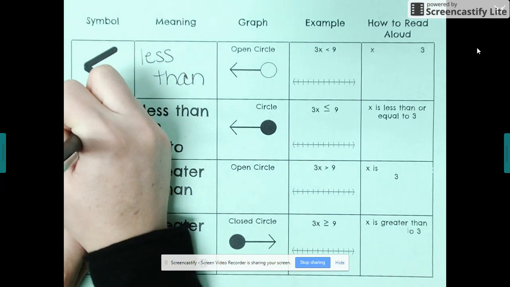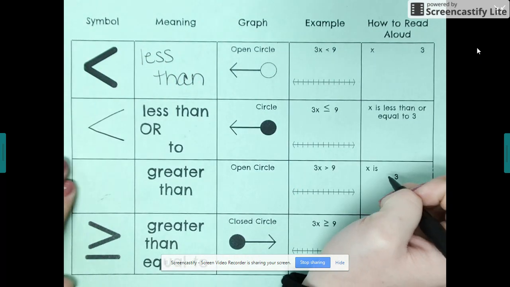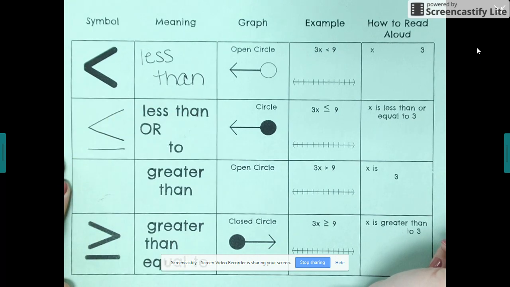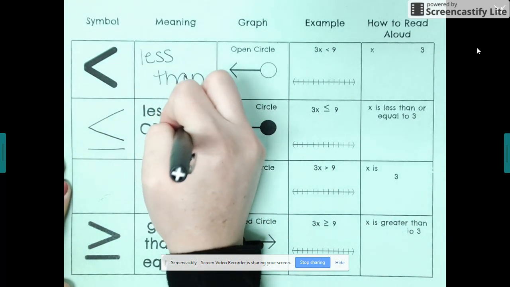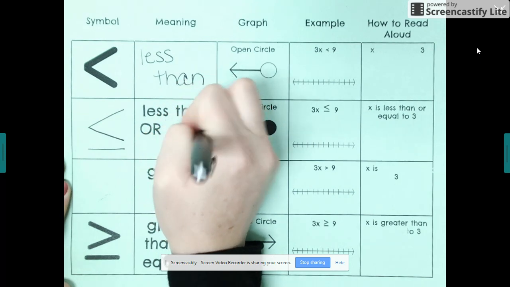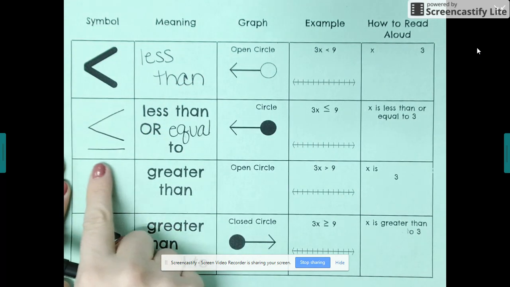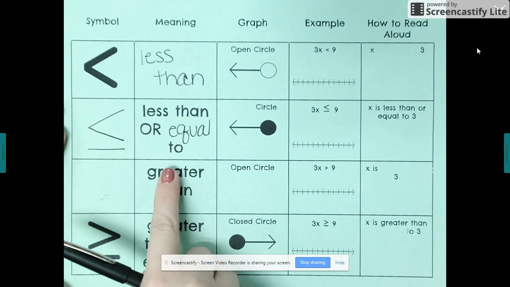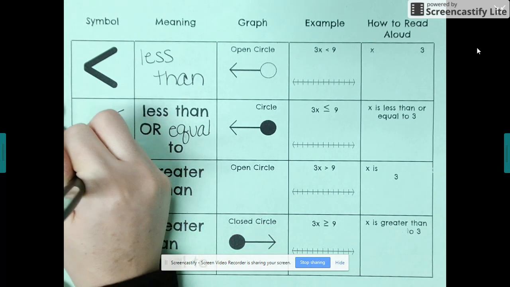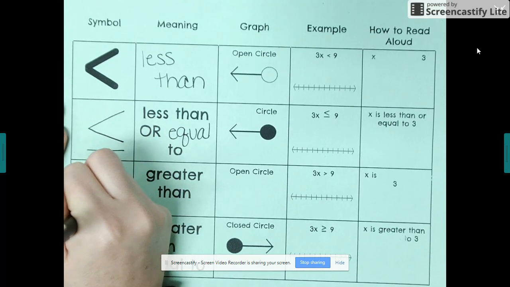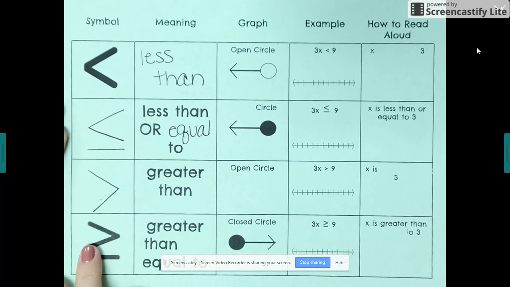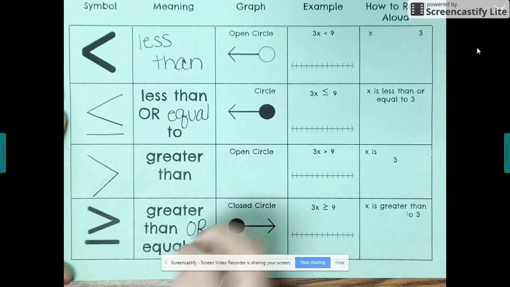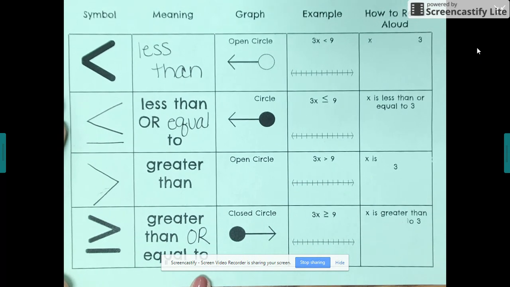So this needs to have the less than sign or equal to. This line means the equal sign, equal to. Greater than is the big end first, and then we have greater than or equal to, okay?